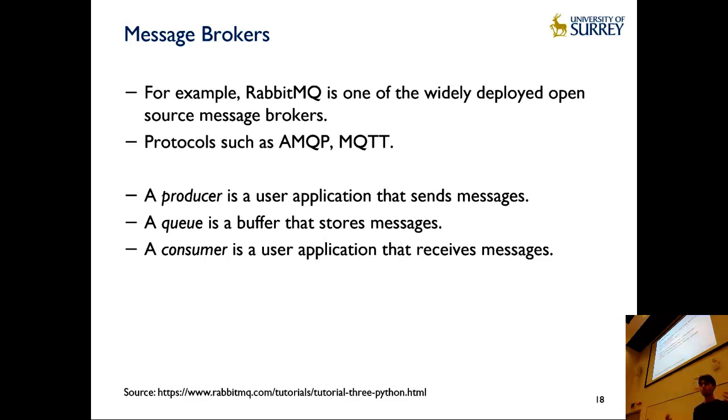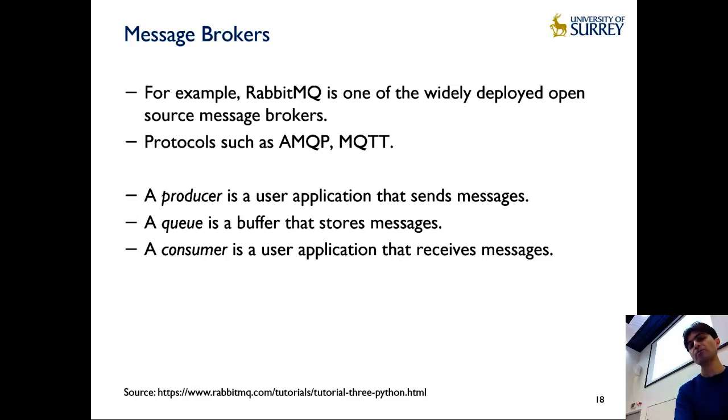Again, these are just protocols, but in principle, they will have a producer, a user application that sends the messages. That could be a sensor, or another application. In software systems it is also used a lot. You will have a buffer. Basically, you will have a producer which will send information. You will have a software system, and then you will have queues. That data can be stored in different queues.